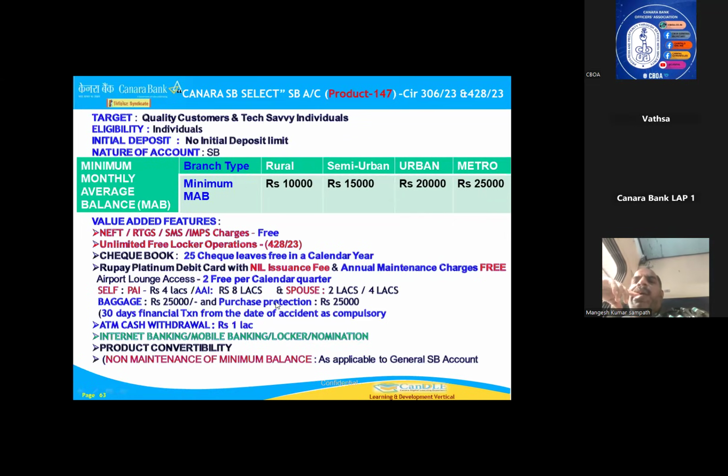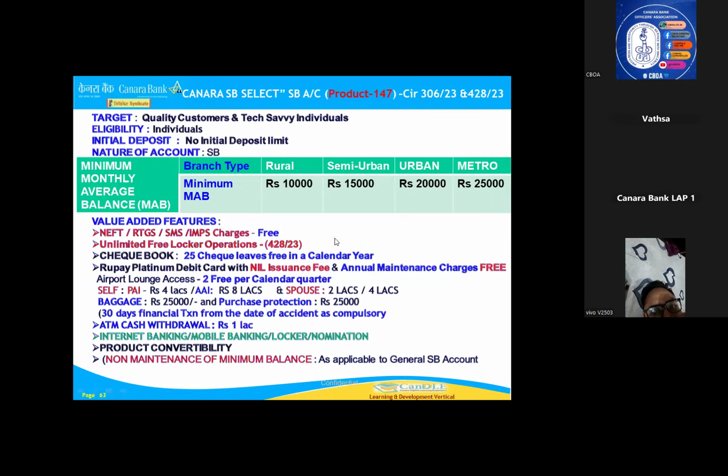All these things are common for many of the products. So in whatever products we are going to see, you can find that. Here, internet banking, mobile banking, locker and nomination are free. Product convertibility is also applicable.